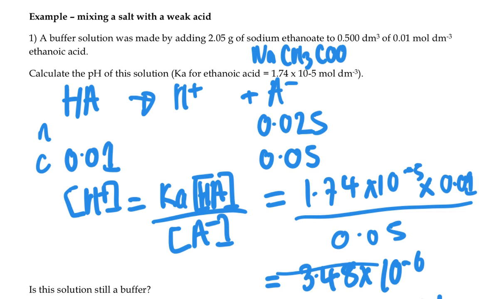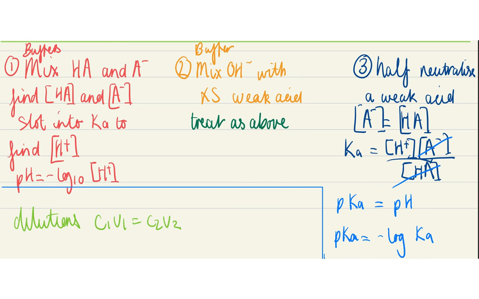And once again, this solution is still a buffer because I've got significant amounts of HA and A minus in the same solution. So in summary, the way you find out the pH of a buffer depends really on how you've made it. So if you've made a buffer by mixing HA and A minus, you need to find the concentration of HA and A minus in your solution, slot those values into your Ka expression, rearrange to find H+, and then find the pH.